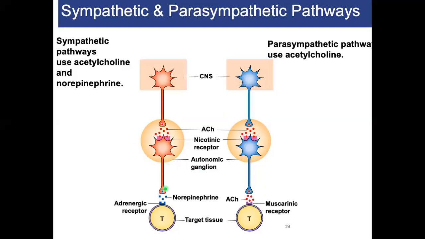So the sympathetic nervous system is going to release norepinephrine onto adrenergic receptors on the heart and GI tract and cause some type of response in the heart and GI tract. Whereas in the parasympathetic nervous system, acetylcholine is going to bind to muscarinic cholinergic receptors on the target organ and cause a response for that one.